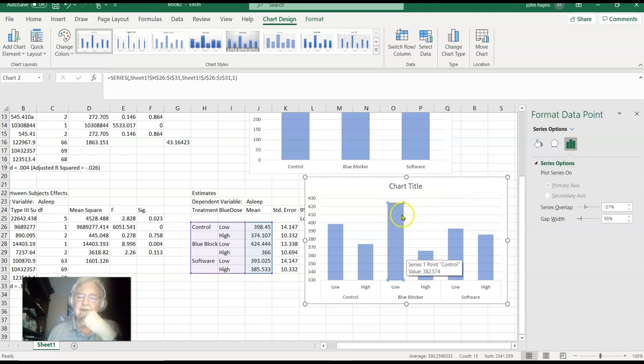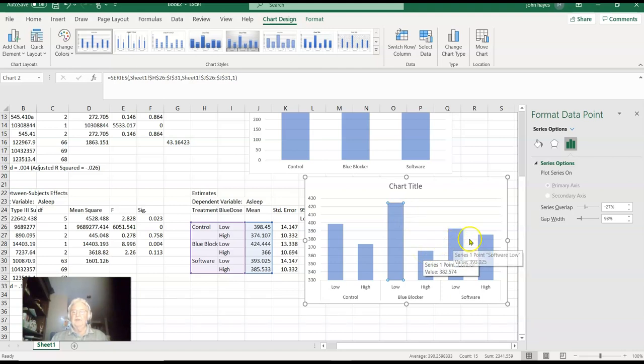Now, what we see here, this is the low dose. We can see for control with a high dose, the control has a lot less minutes of sleep. With the blue blockers, the low dose, they had a fair amount of sleep, but then really knocked down.